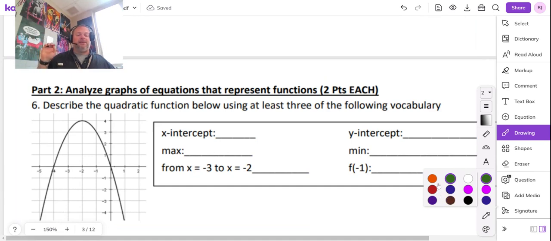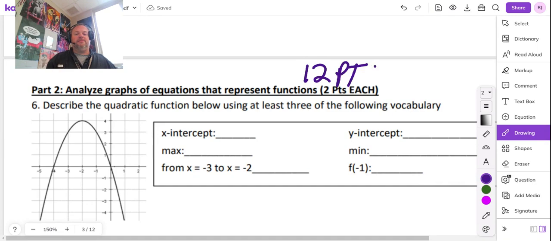This whole thing is worth 12 points. This whole problem, number 6, is worth 12 points. And personally, this is just me, I think these are 12 easy points. Okay, I know some of y'all are giving me the look.